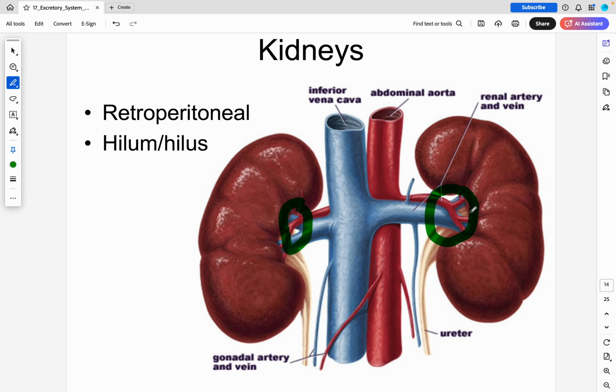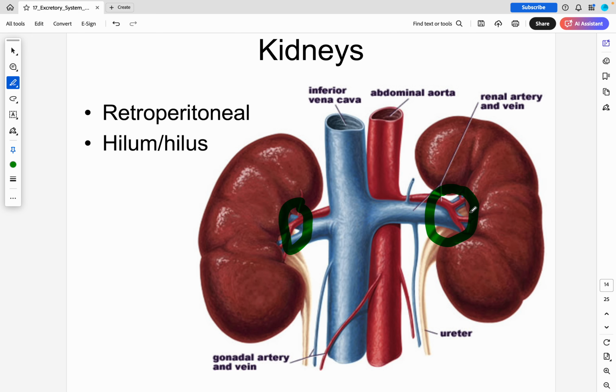Via the kidneys, filtration of waste material and foreign substances takes place, and those filtered-out wastes or unwanted materials are then excreted via the urine.